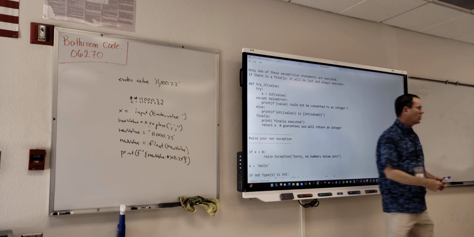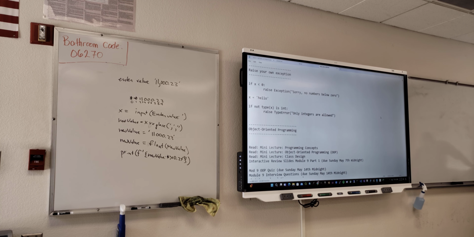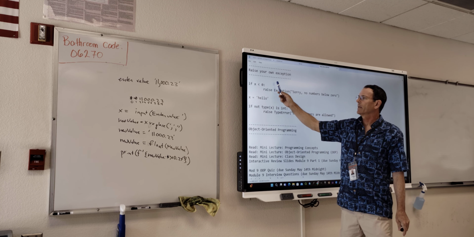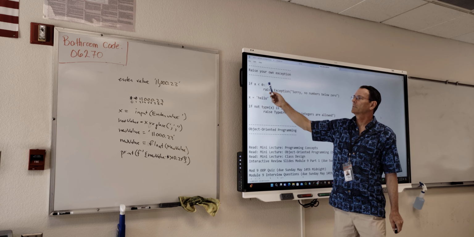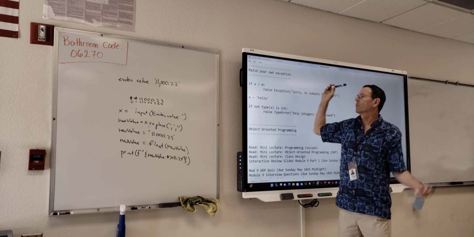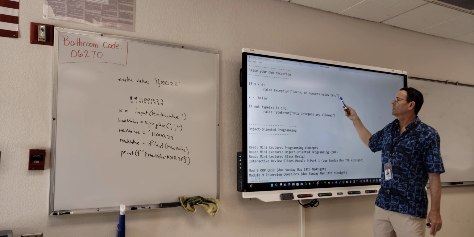Now we're going to raise our own. So you can actually print your own error messages instead of the built-in error messages by raising your own exception. So you could say something like, if the denominator is less than 0, then I'm going to raise the exception and print this out, no numbers below 0, okay?